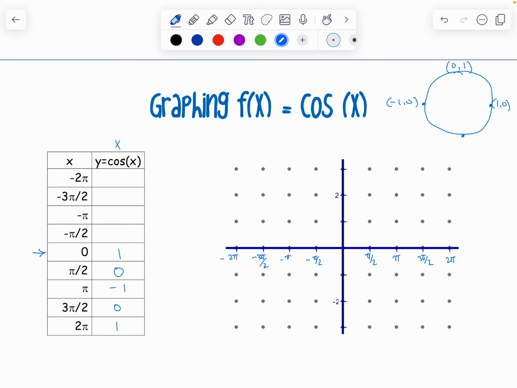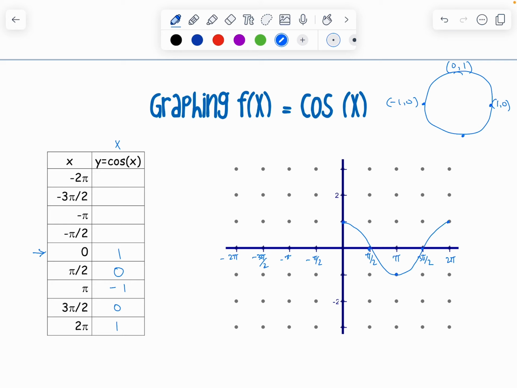All right, so it starts at 1, goes through pi over 2, 0, goes down to pi, negative 1, goes through 3 pi over 2, 0, and finishes up its full period at 2 pi, comma 1. And so what we're looking at here is this nice, what should be, smooth curve of the cosine function.